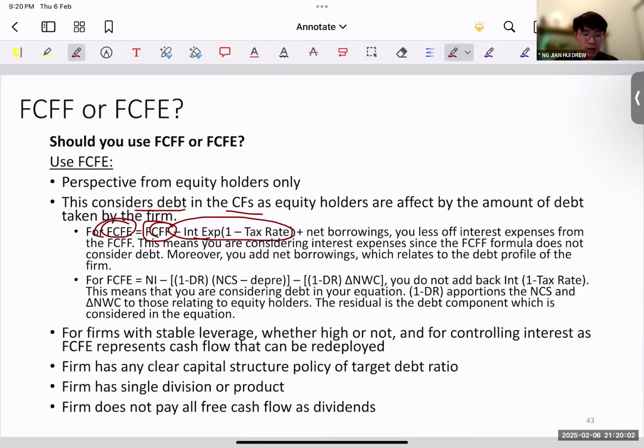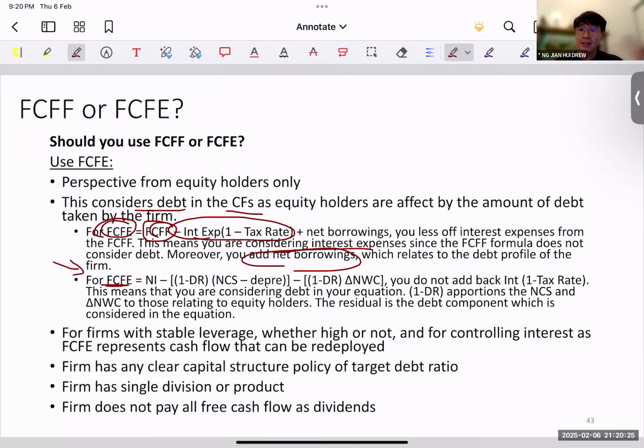And so when you minus it, you are considering the interest expense in your FCFF, and then you also add the net debt, which is related to the debt profile, right? Because now we are interested in the equity holder perspective.